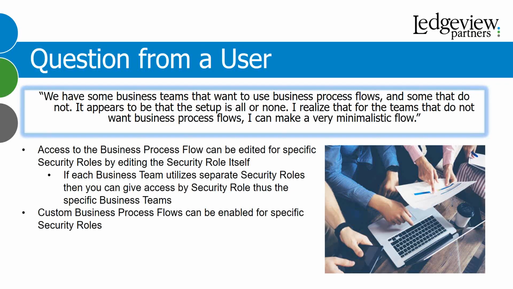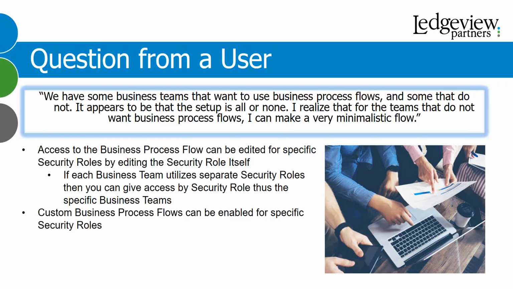So if each business team utilizes a specific security role, you could set it up so that all your users don't have access to business process flows, but the team has a security role that has business process flow access. Because security is additive, it's going to add that ability on top of the user security role.